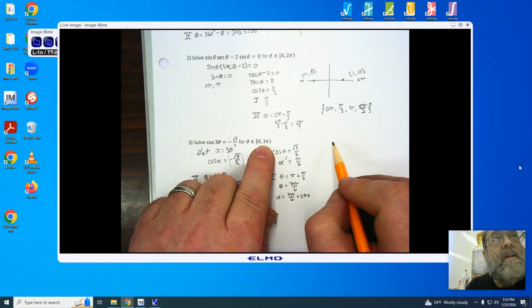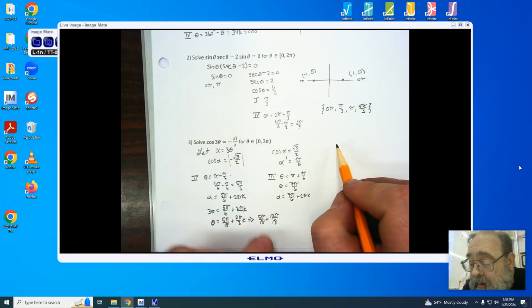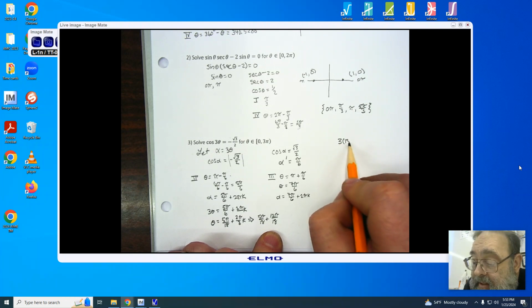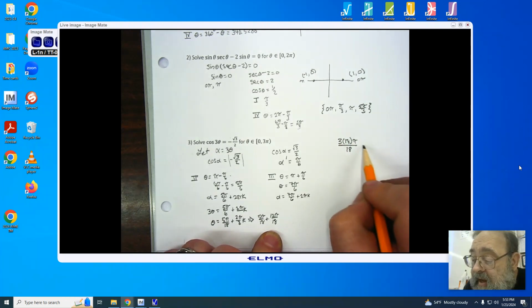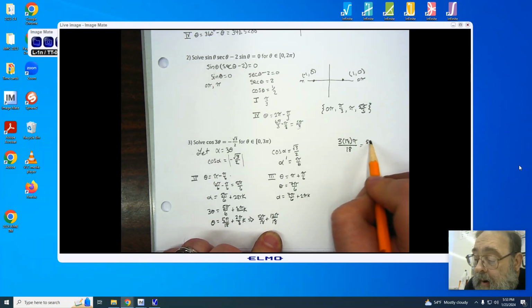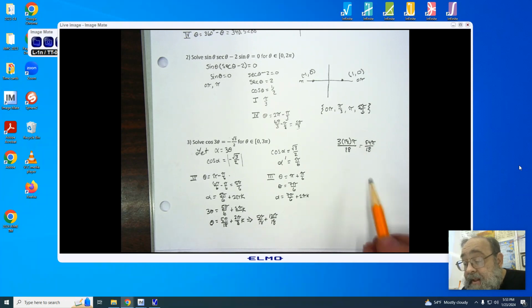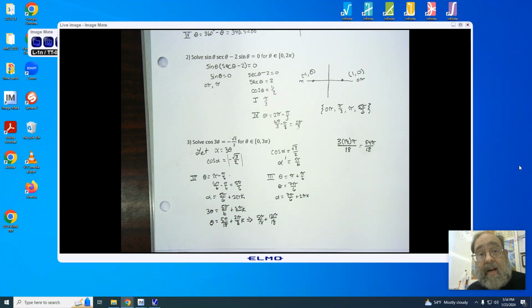Let's now stop and take a look and see what's 3 pi going to be in terms of 18ths. That's 3 times 18 pi over 18. This is giving me 54 pi 18ths. If I reach anything that equals 54 pi 18ths or greater, I have to eliminate it and I cannot use it.